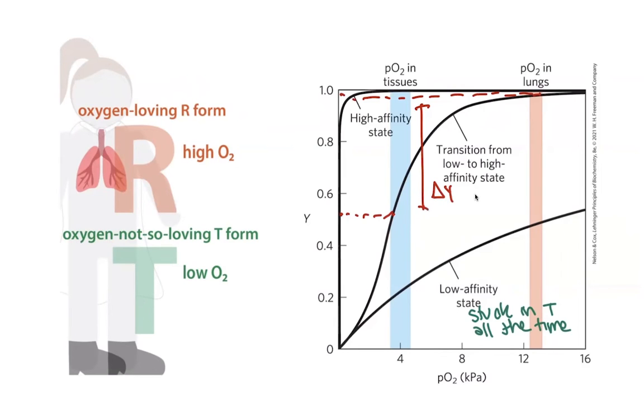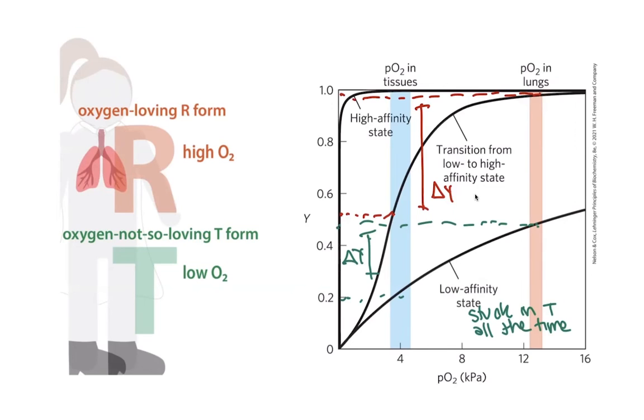You can see that even at these high oxygen concentrations, only about 50% of it is actually being saturated. So now our lungs are more similar to what our tissues were before, and our tissues are going to be all the way down here. So you can see that we're getting a smaller change in our delta Y. We're getting a smaller difference between the two, and we're also getting a smaller total.